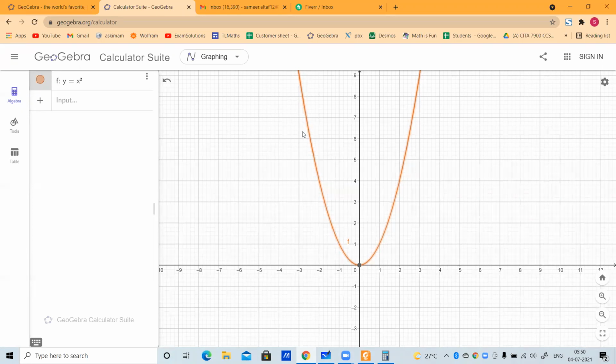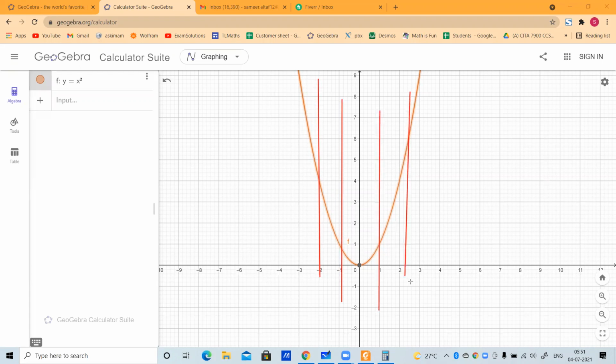What is the best way of analyzing whether the graph is a function or not? We call it the vertical line test. What we do here is we make a vertical line anywhere, like this, like this, and see, is there any point where this line cuts the graph at more than one point?